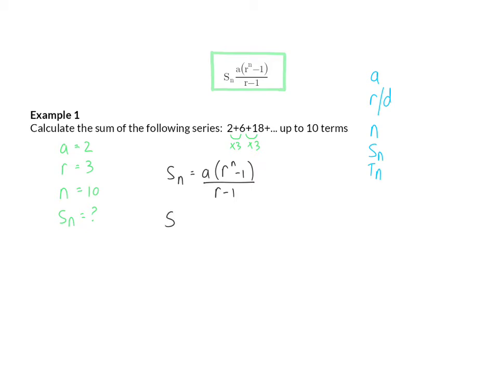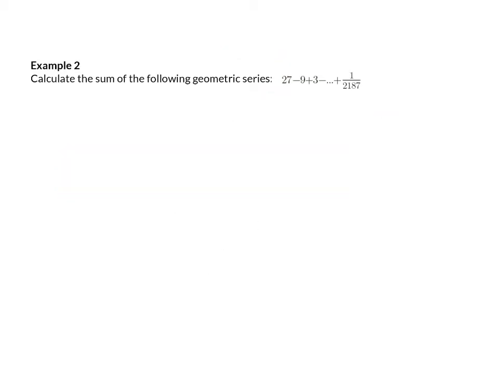So we are going to get the sum of 10 terms. A is 2, our constant ratio is 3, and once again 10 terms. And we're going to divide that by 3 minus 1. And this you can do on your calculator and you will get 59,048.